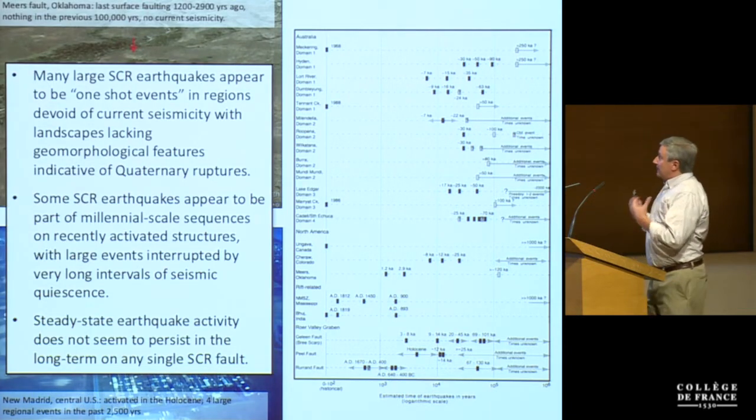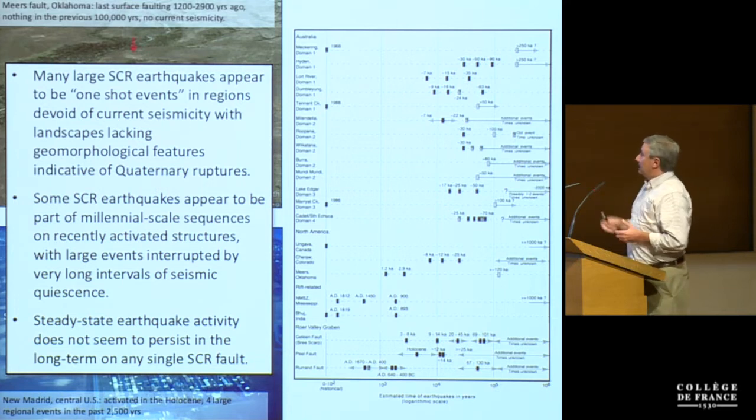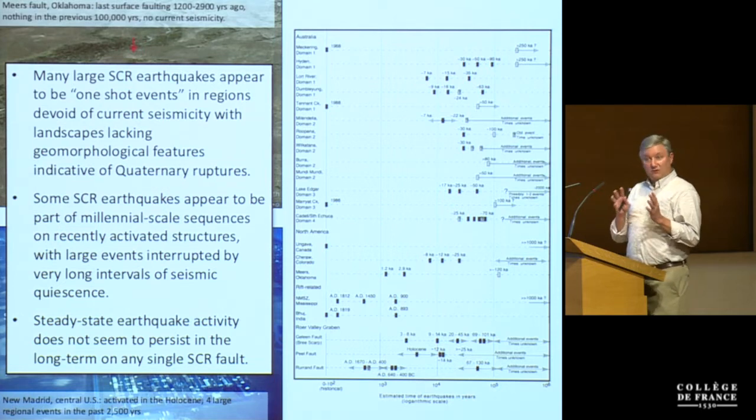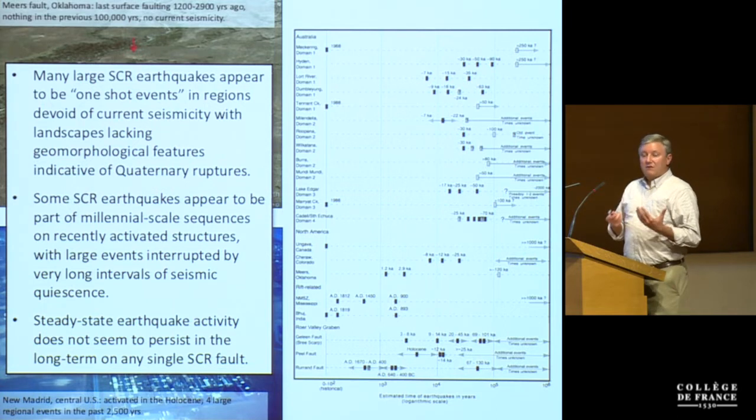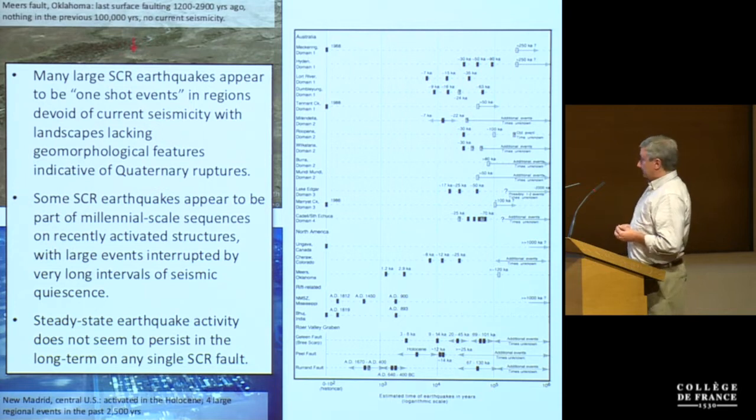So it seems to me that when I look at this data set, which of course is incomplete, those are tough to document, many large SCR earthquakes appear to be, first of all, one-shot events, at least at the time scale of the Quaternary, I would say. And they occur in regions, for many of them, that are devoid of any seismicity today, with landscapes that lack any geomorphological feature of active deformation today.